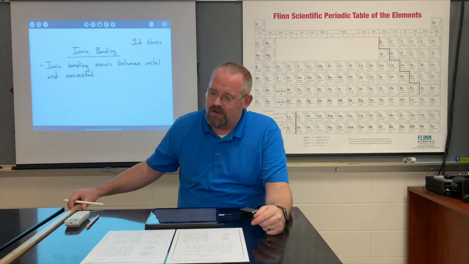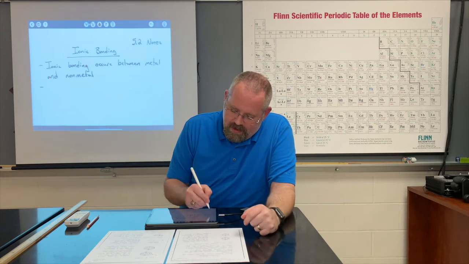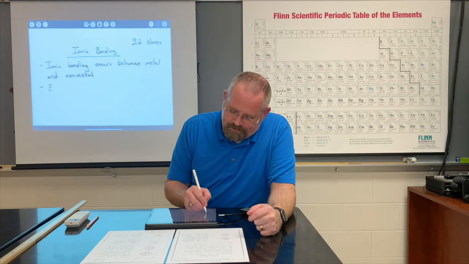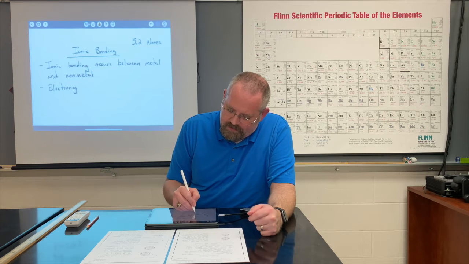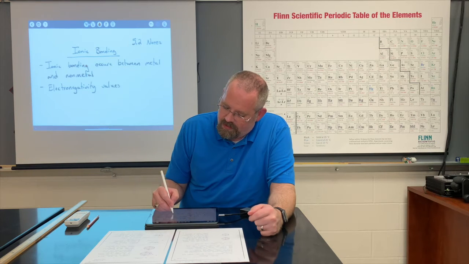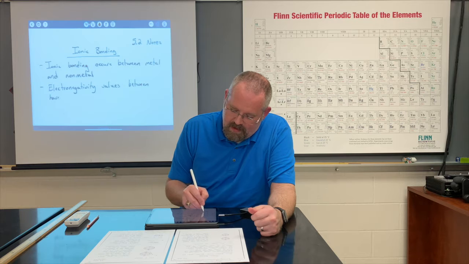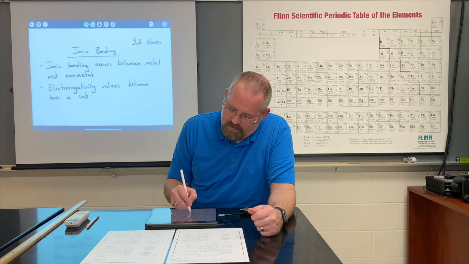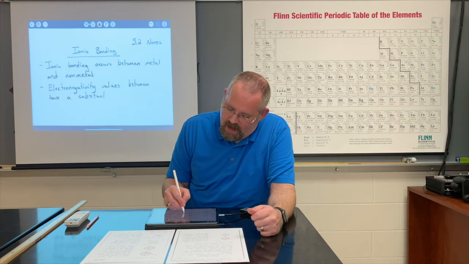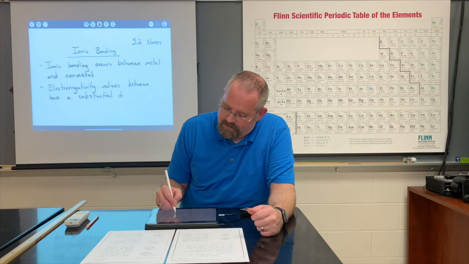Okay. So the reason that ionic bonding occurs is because of electronegativities. Our electronegativity values between metals and nonmetals have a substantial difference.